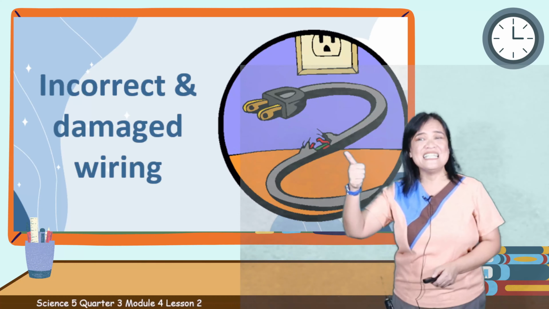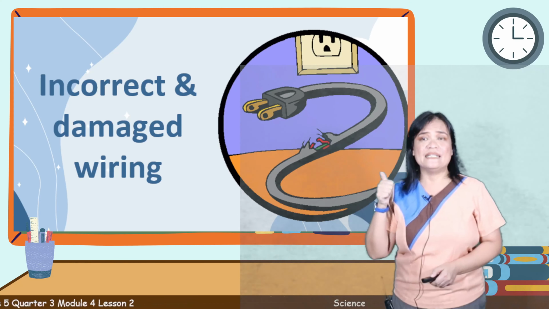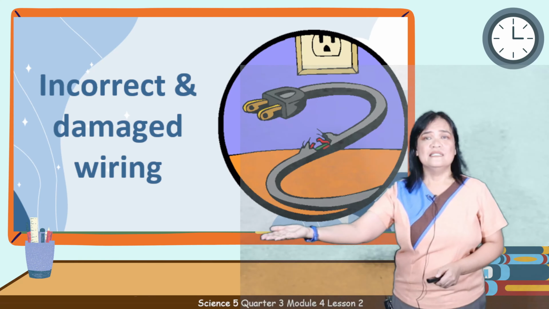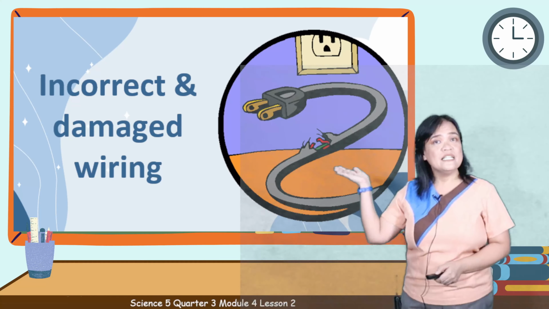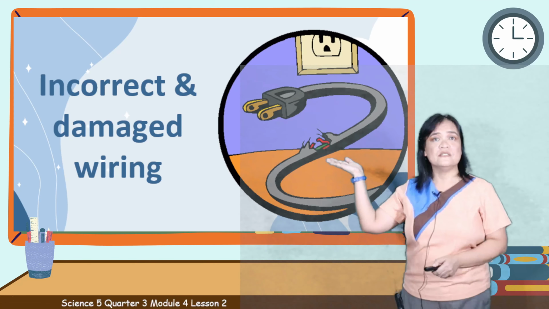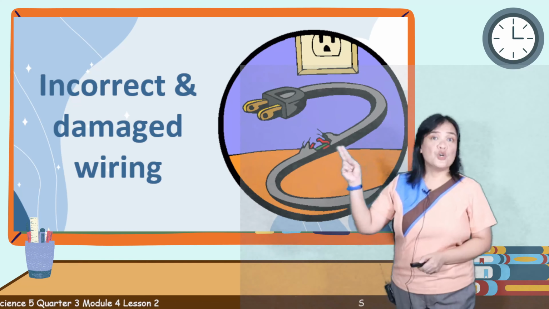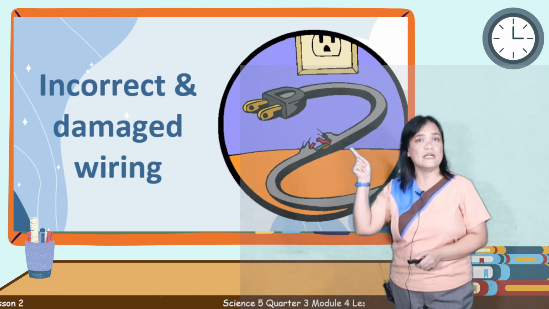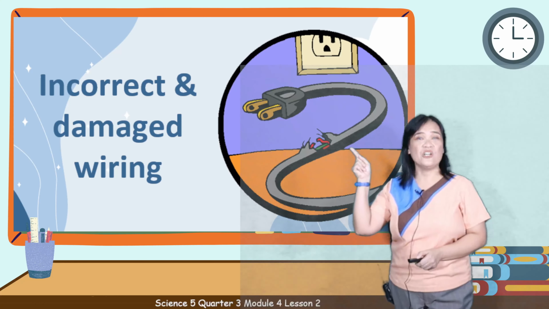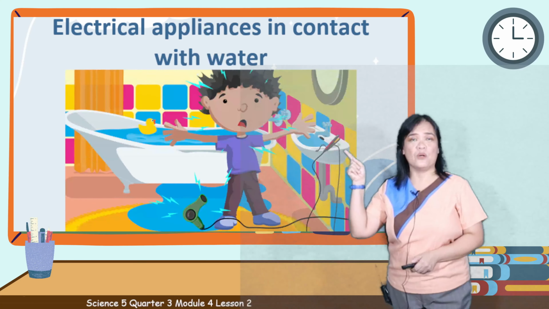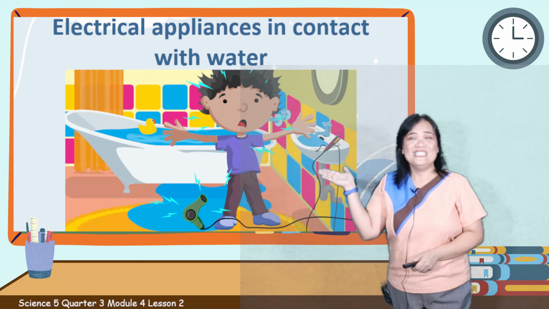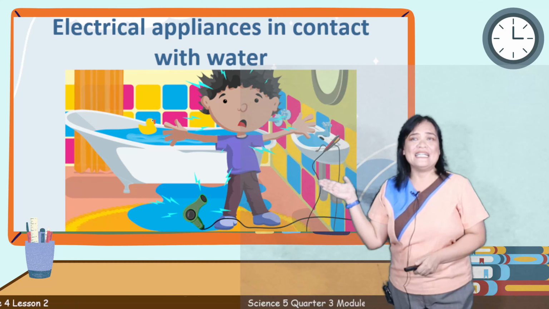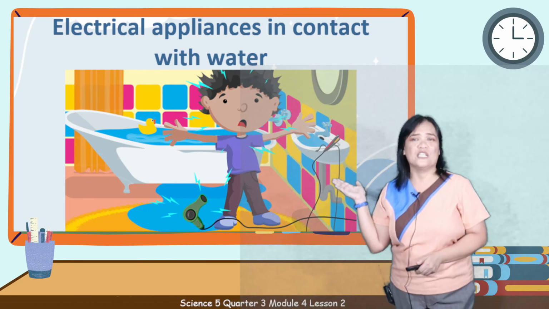The next one is incorrect and damaged wiring. So look at the wiring. The cord is already damaged, okay, so a short circuit may occur in this particular situation. The next one, you look at the board: electrical appliances in contact with water.